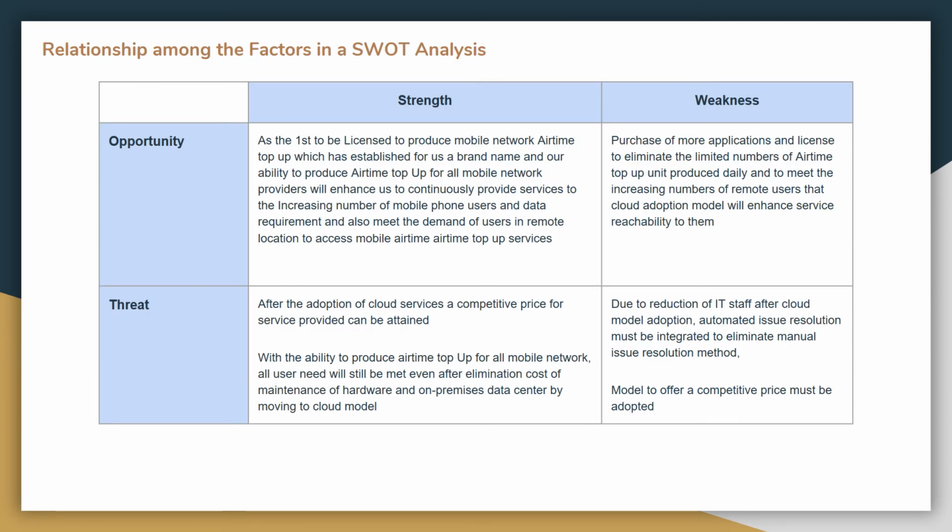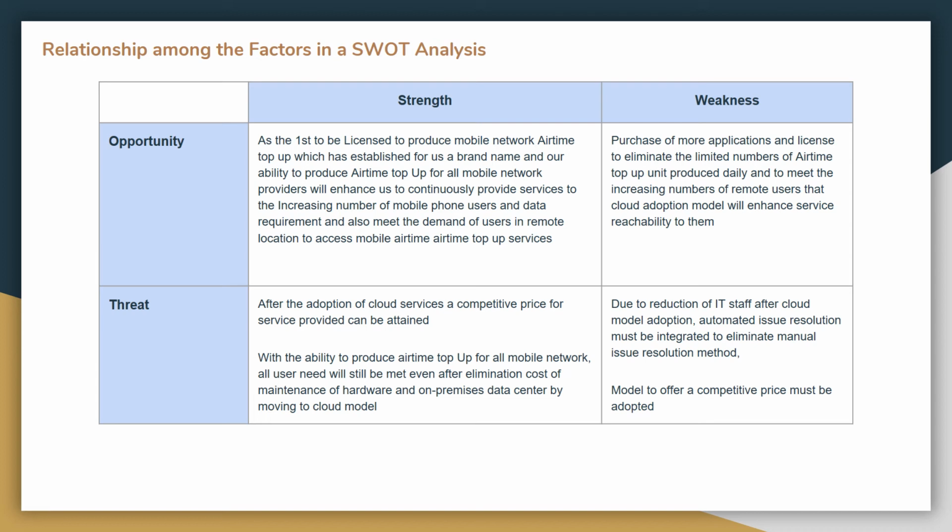Now, this is the relationship between the opportunity, strength, weakness, and threat as listed below. We are the first to be licensed for producing mobile networking airtime. This will enable us to address our opportunities and also pay attention to our weakness.